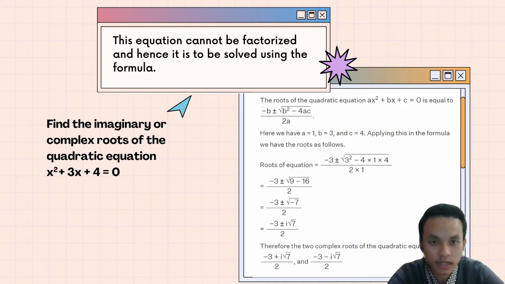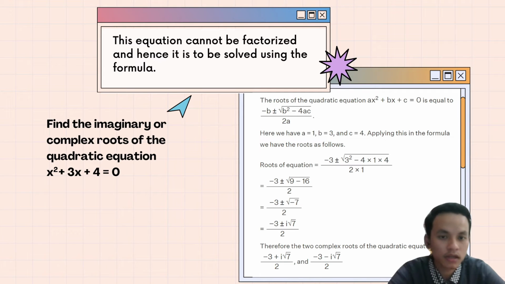Thus, we must apply the quadratic formula. The roots of the quadratic equation ax squared plus bx plus c equal to 0 is equal to negative b plus minus square root of b squared minus 4ac, all over 2a.